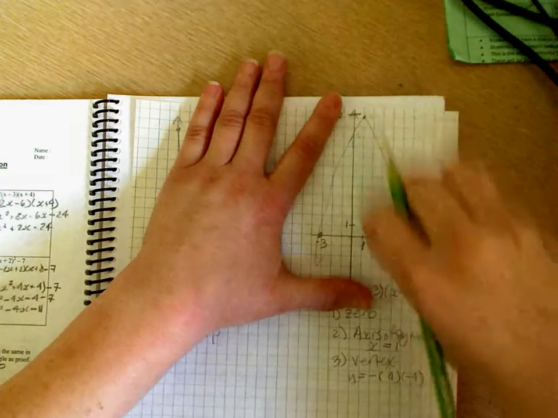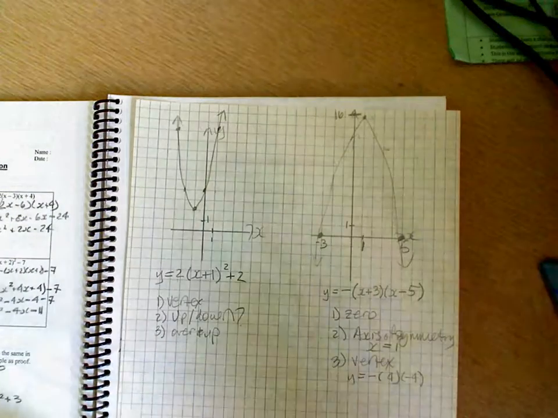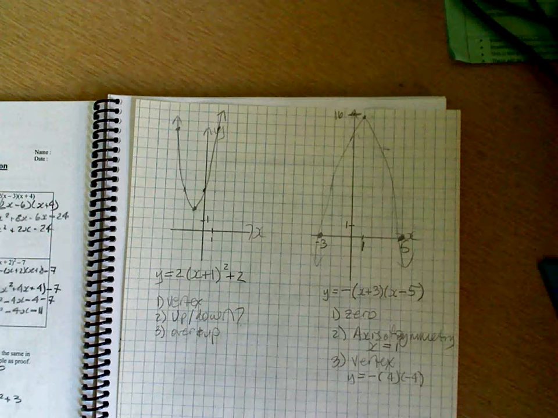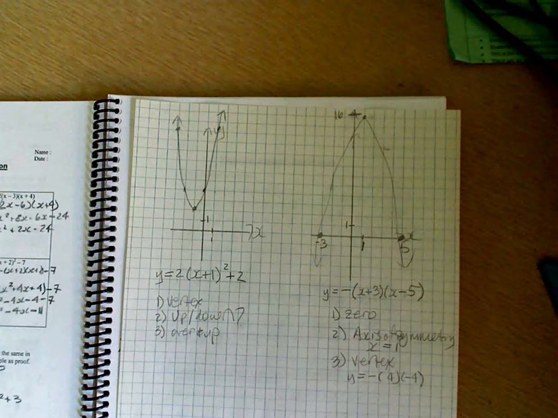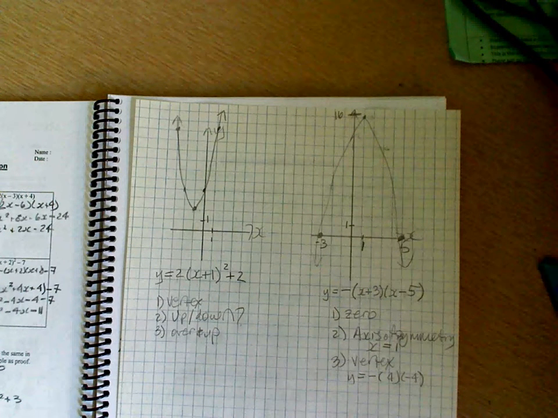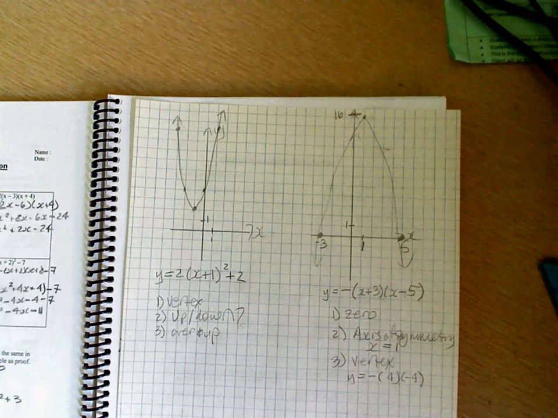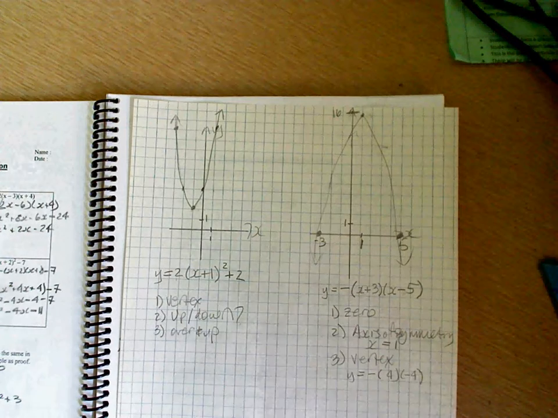Erase this. That looks more symmetrical. Before it looked like someone had sort of sat on my curve on one side. That looks better, doesn't it? Yes? Okie dokies. So now I've graphed that.